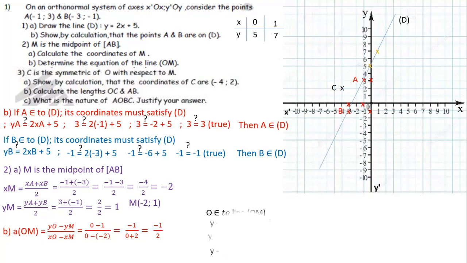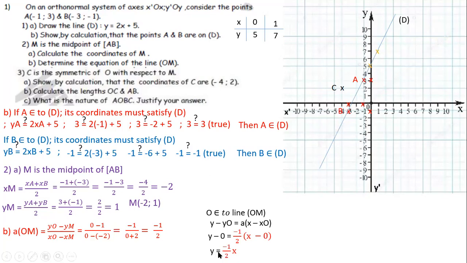So we say O belongs to line OM, then the equation: y minus yo equals slope times x minus xo. y minus the ordinate of O, which is 0, equals minus half times x minus 0. So y equals minus half x. Can you see something here?